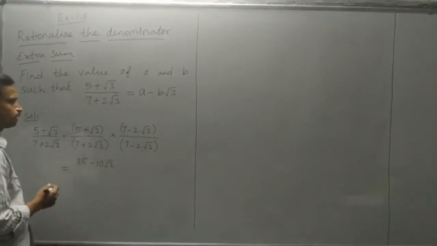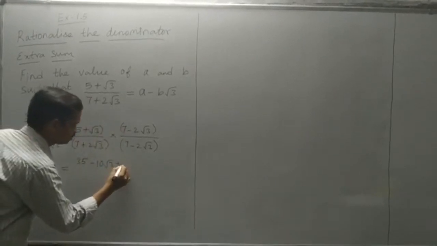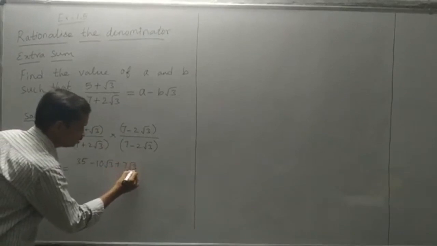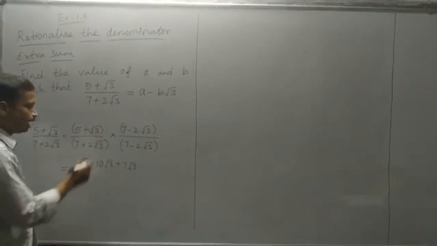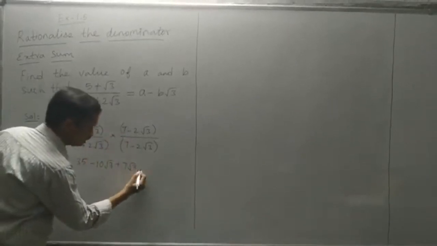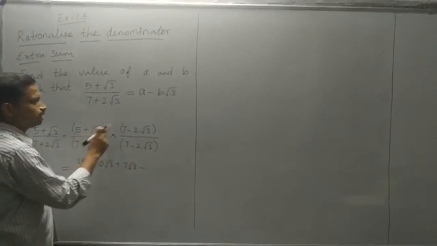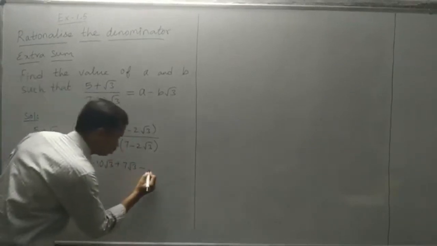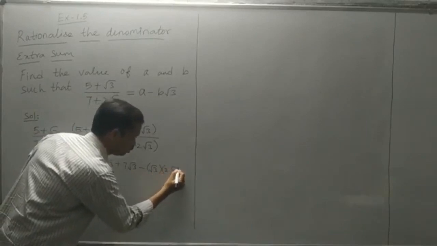Is it clear? And then plus root 3 into 7. You can write it as 7 into root 3. And now this plus into minus becomes minus, root 3 into 2 root 3.